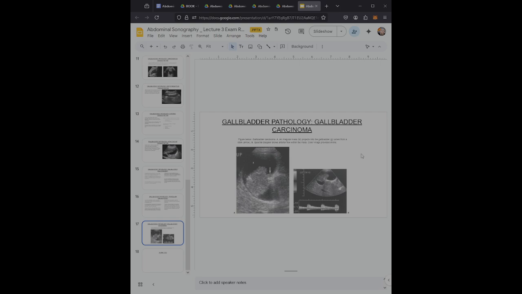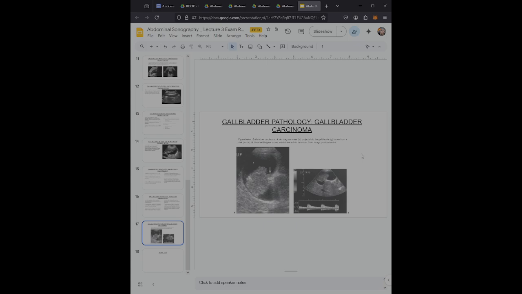Gallbladder carcinoma is suspected if a polyp or mass measures greater than 1 centimeter. If confused with tumefactive sludge, color Doppler can reveal vessels within the malignancy. And the most common metastatic disease of the gallbladder is a malignant melanoma.